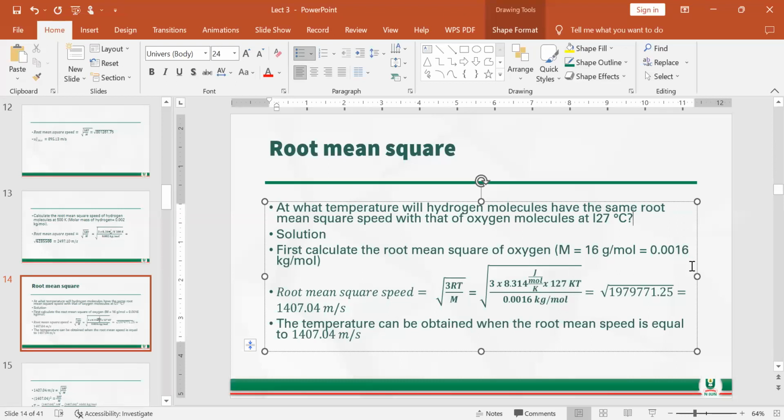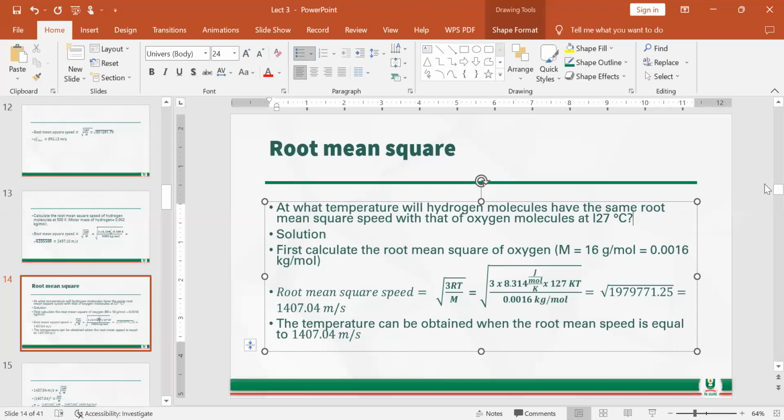Once you calculate that, you are expecting the temperature at which hydrogen will have this same root mean square speed. So you now say the root mean square speed calculated is equal to the square root of 3RT all over M for hydrogen. You know the molar mass of hydrogen, and then you find the value for the temperature. The temperature can be obtained when the root mean square speed is equal to this.